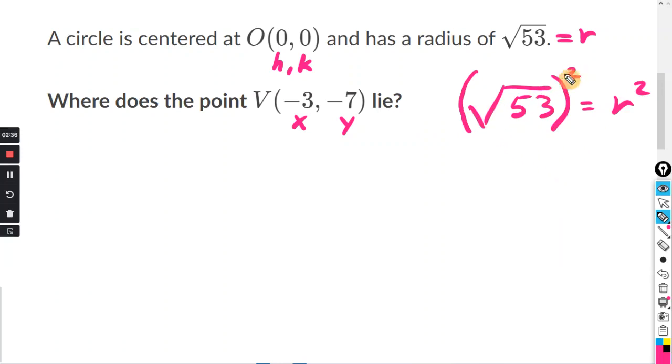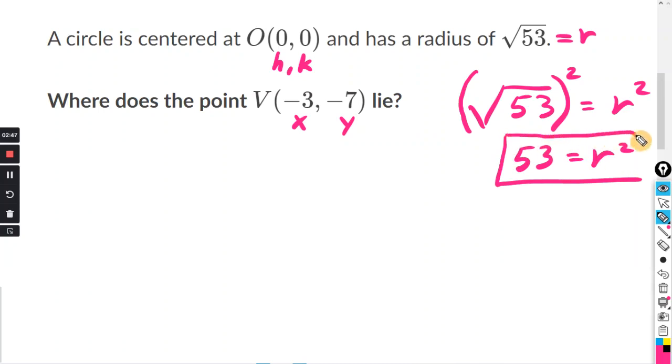If you square something that's under the square root, just remove the square root. So 53 equals r squared. We're going to keep that in mind. Basically, this is the original, I'll call it r sub o for original.